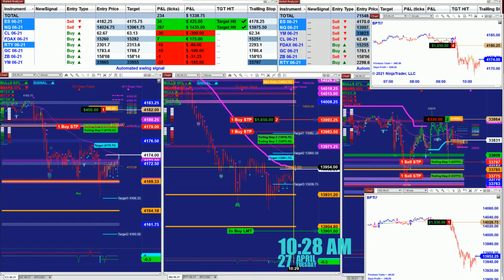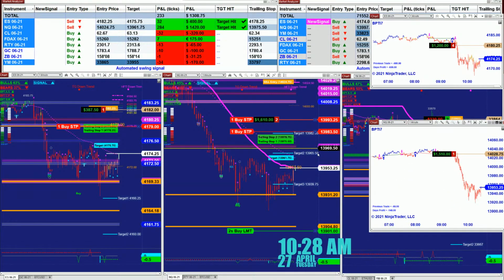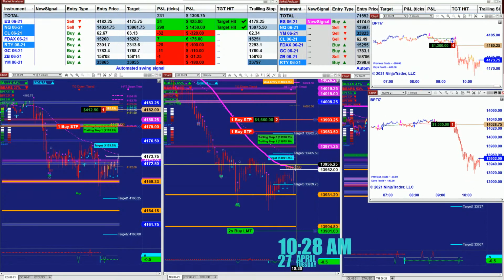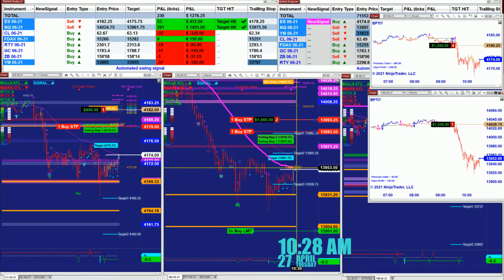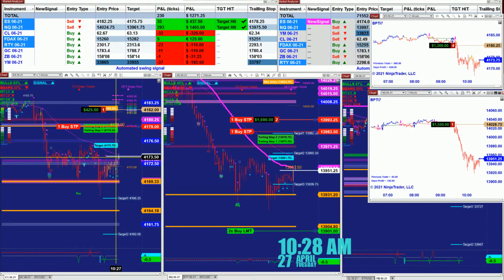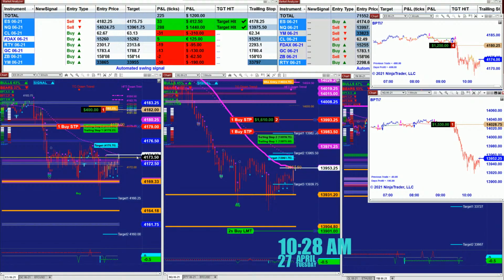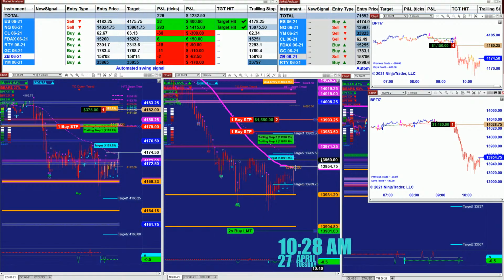This is our re-entry on the Nasdaq, and now I no longer want to take it, because the ES right now is above the 41.72. I'm not interested in that trade anymore.